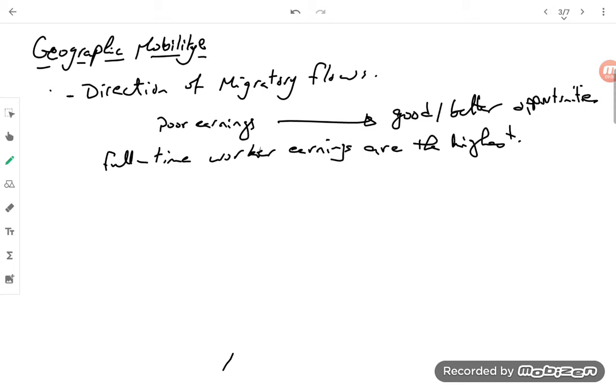This means that the main reason for movement from one place to another is money, to find a better standard of life.